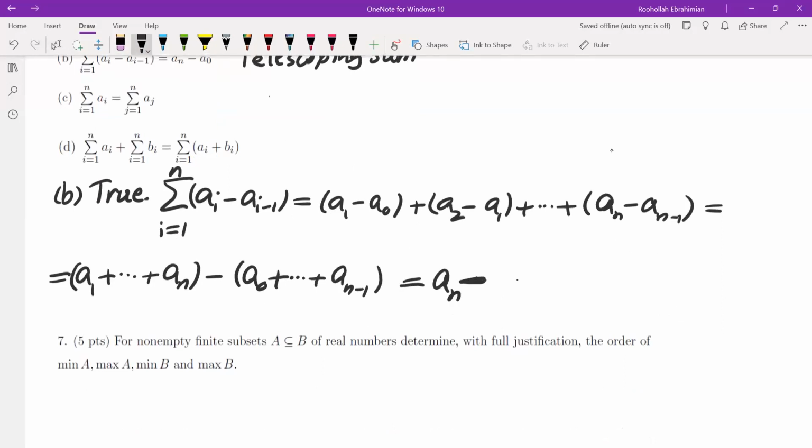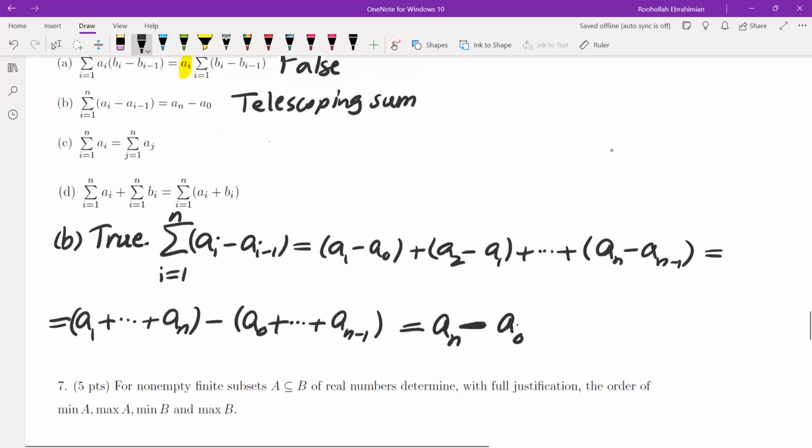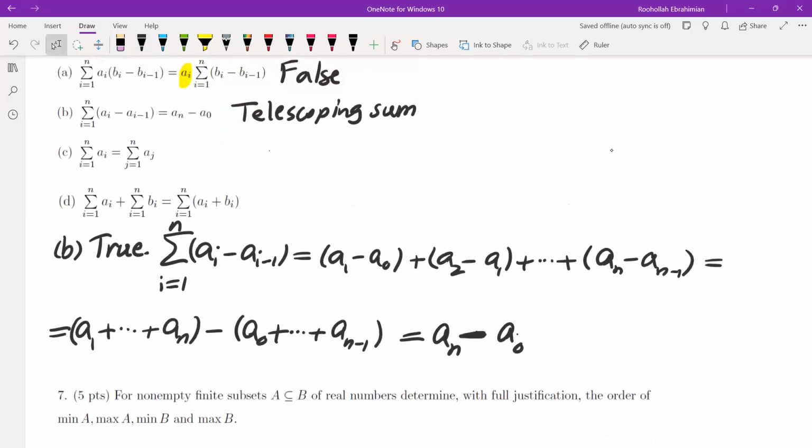The only thing that doesn't cancel from the second parentheses is a0. And that's why the equality holds.